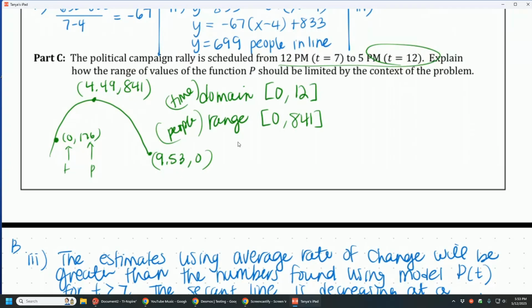So they're specifically asking me to explain how the range values of function P should be limited.